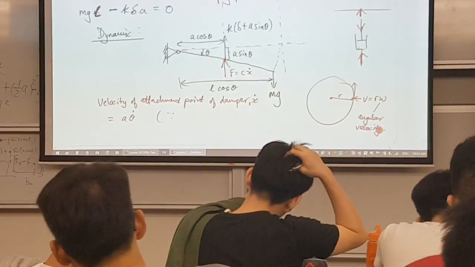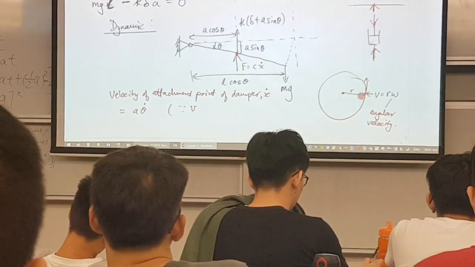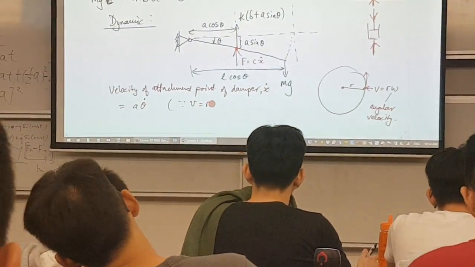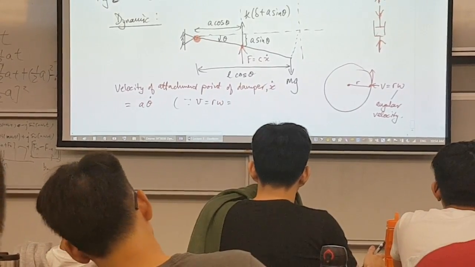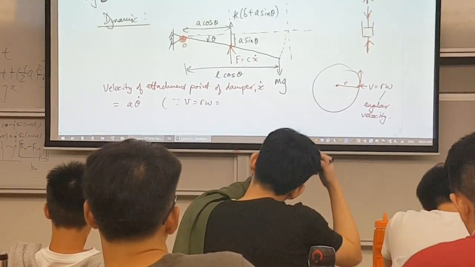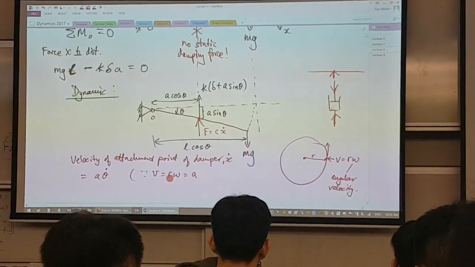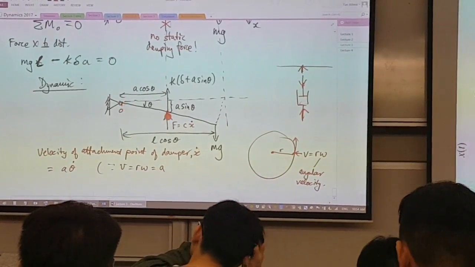So in this case, the tangential velocity is equal to r omega. With respect to this pivot point O, the r here is actually a, because that's the distance from here to here.